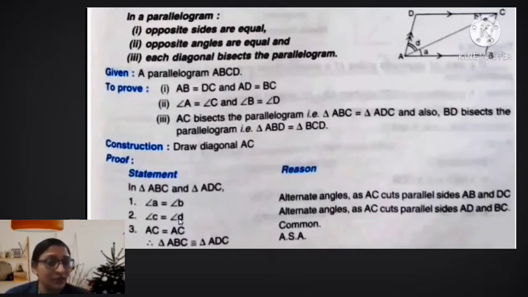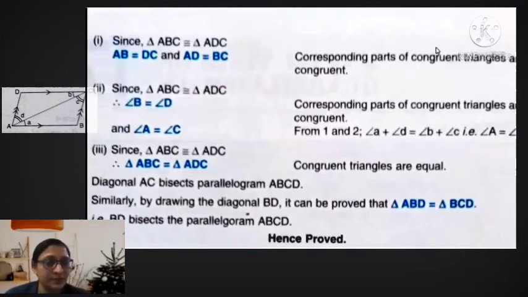Angle C is equal to angle D. This is also another pair of alternate angles, as diagonal AC cuts the parallel sides AD and BC. AC is equal to AC as it is a common side. From this, it is proved triangle ABC is congruent to triangle ADC by the angle side angle test.